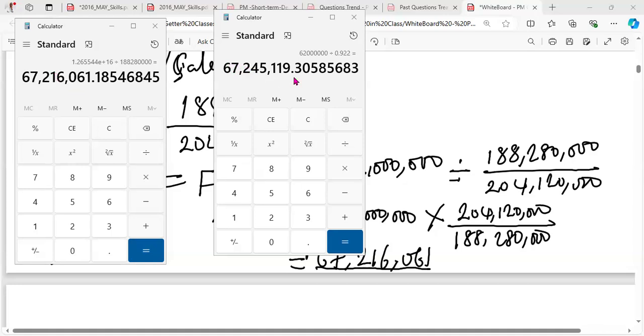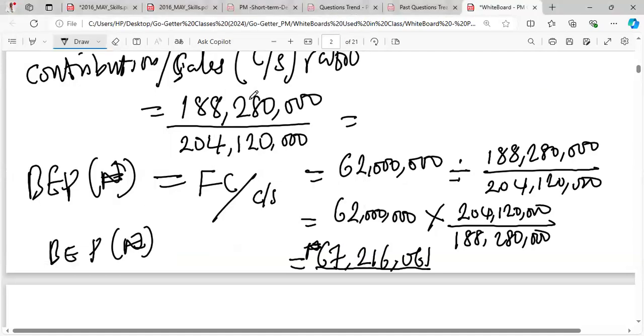But in the exam, you will still be given accurate and your answer will be the same. But if you are to put this on the Excel sheet, this one I did here would have given you the correct answer. But no problem, that is fine. Both methods are okay. So whatever method you want to use is fine.